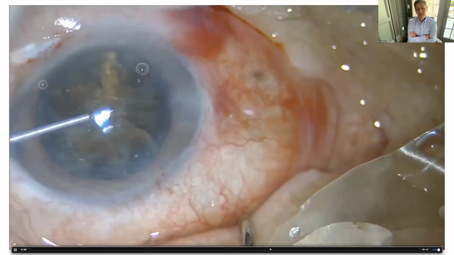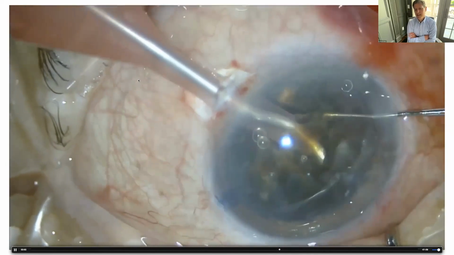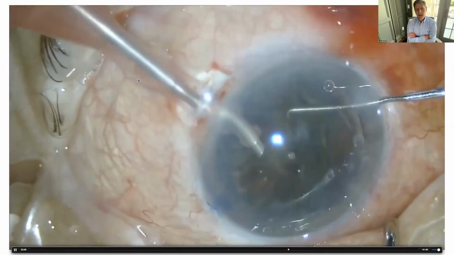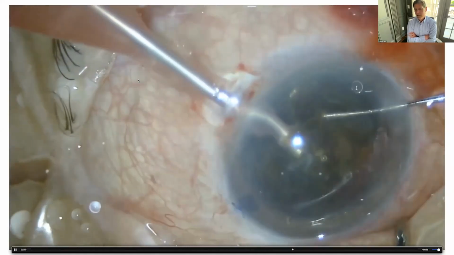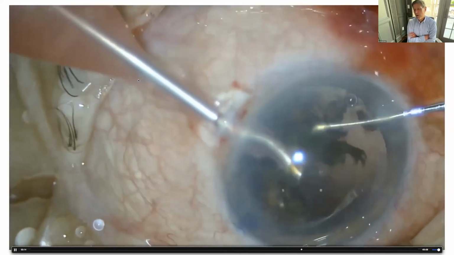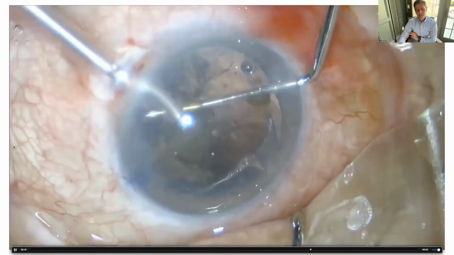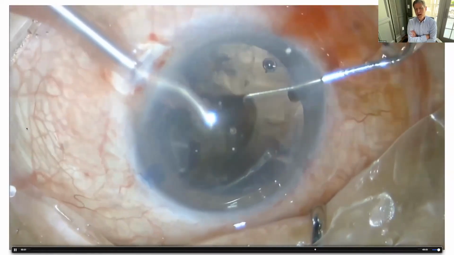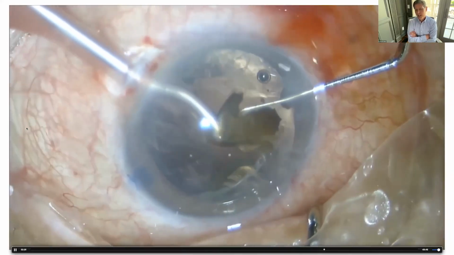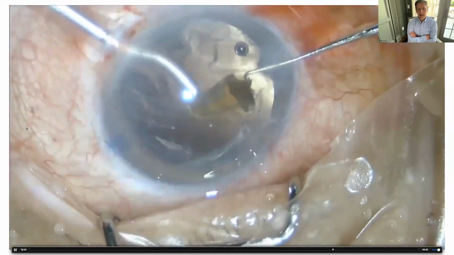And again, this is a game of patience, inserting dispersive viscoelastic, emulsifying, again occluding the tip, and then doing ultrasound. And as you can see, we're leaving this last leathery portion till the end, and able to successfully emulsify our cataract.